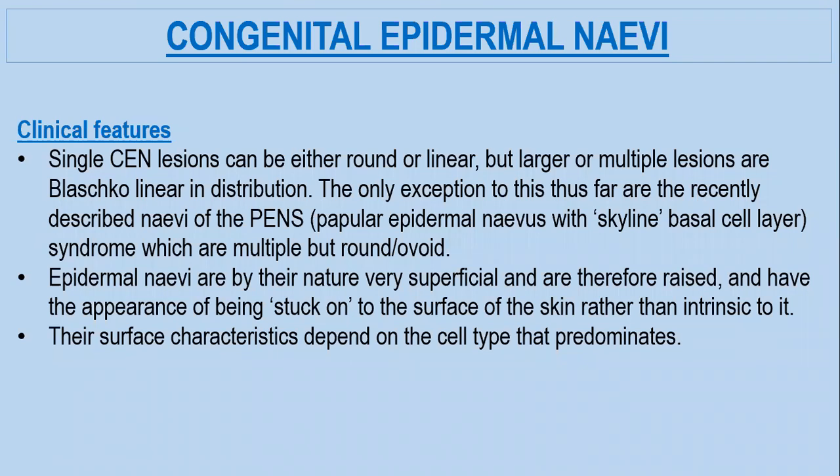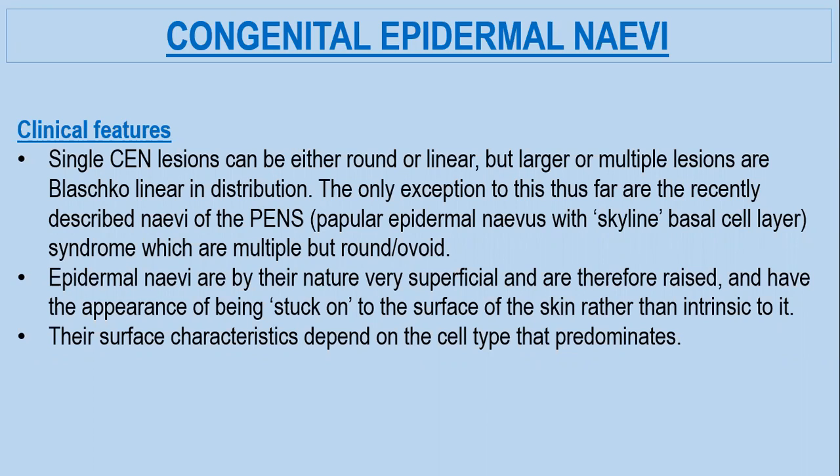Then, congenital epidermal nevi clinical features. A single congenital epidermal nevus lesion can be either round or linear, but larger or multiple lesions in a Blaschkoid distribution are also seen. The only exception to this are the recently described nevi of PENS, papillary epidermal nevus with skyline basal cell layer, which are multiple but round or ovoid.